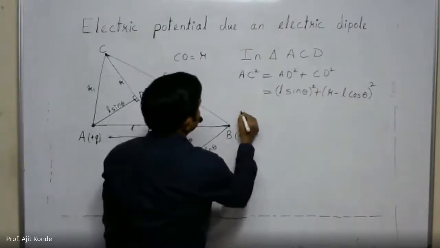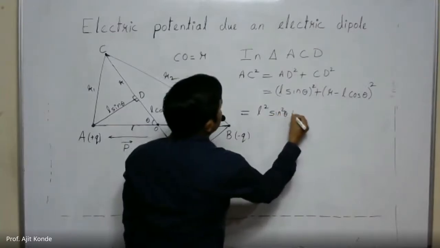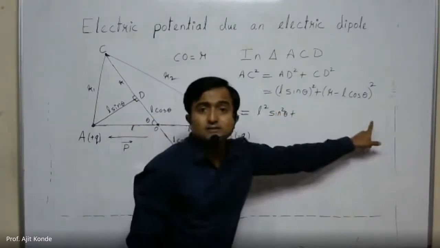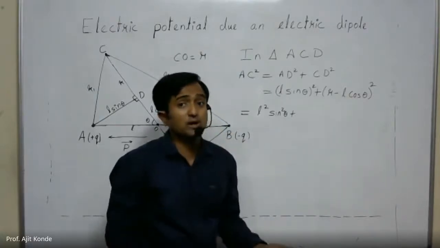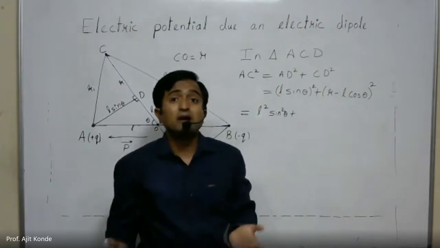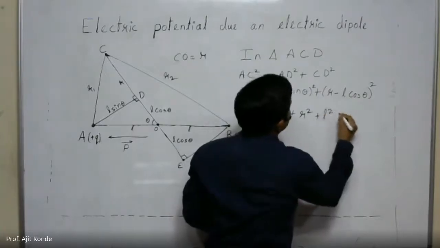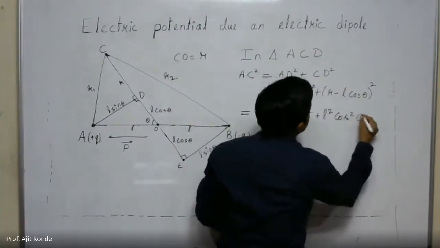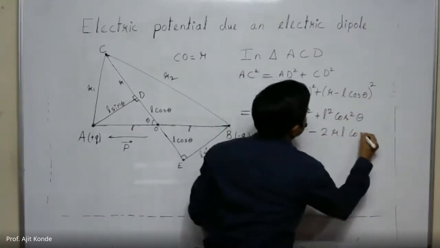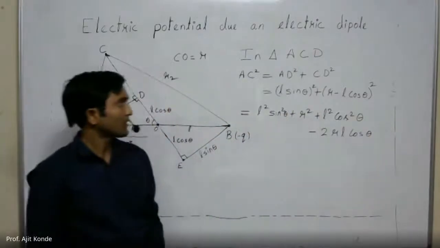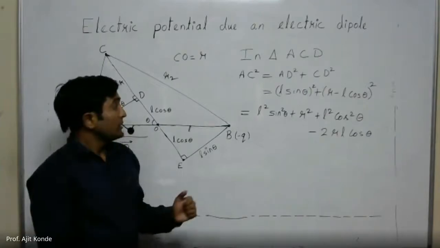Then this can be written as L square sine square theta plus, A minus B whole square is A square plus B square minus 2AB. This will be R square plus L square cos square theta minus twice of RL cos theta. Okay, then now what will happen?